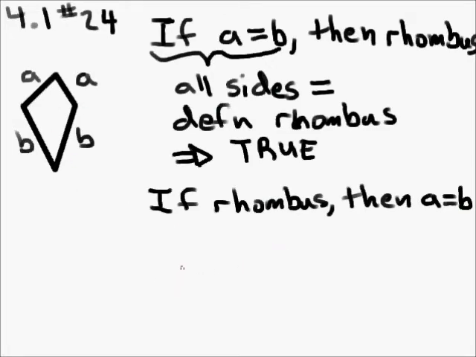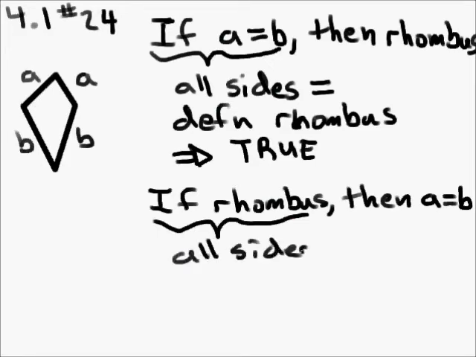That's true from the definition of a rhombus. All sides equal. If it's a rhombus, that means that all sides are equal, which means that A is equal to B, so it's also true.